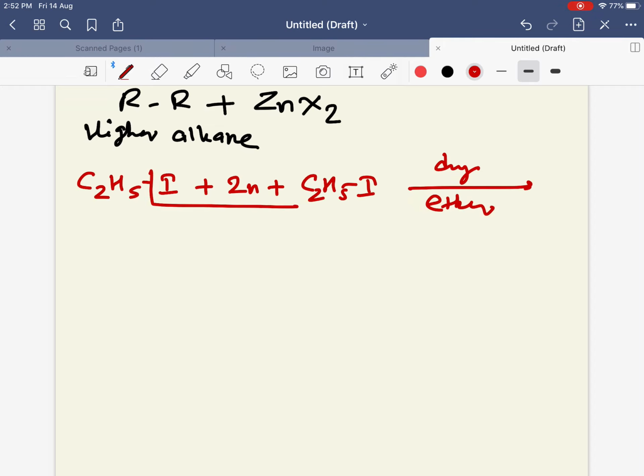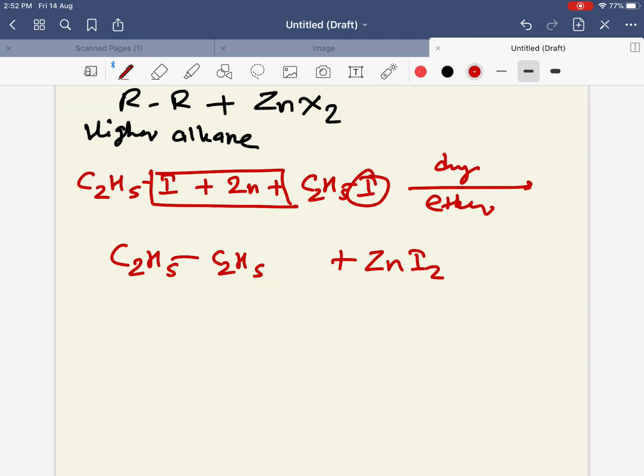The byproduct obtained is zinc iodide, ZnI2, and the major product obtained in that reaction is C2H5-C2H5 or C4H10. The name of that product is butane.